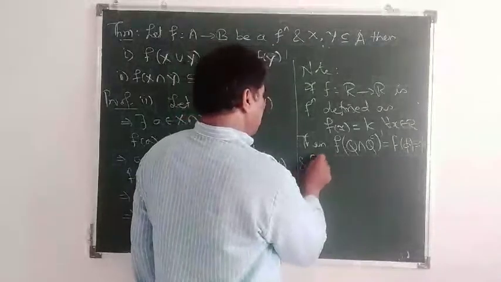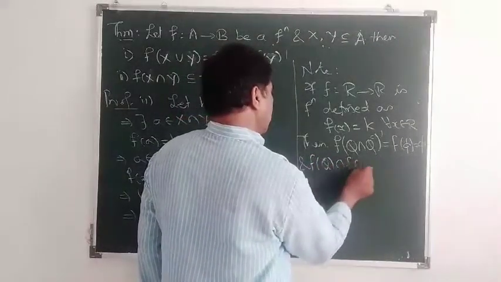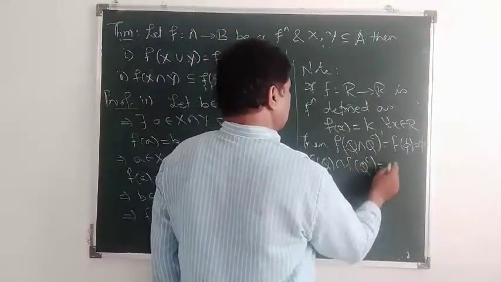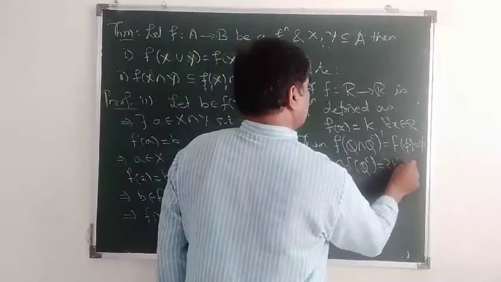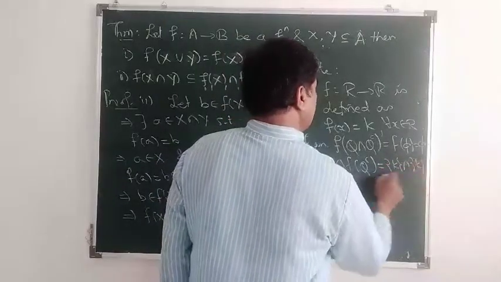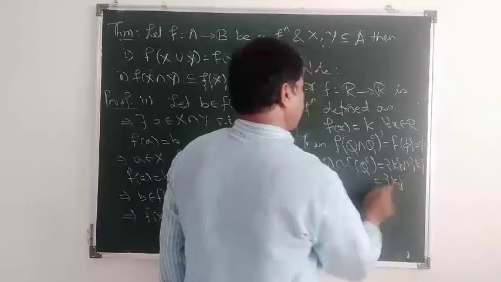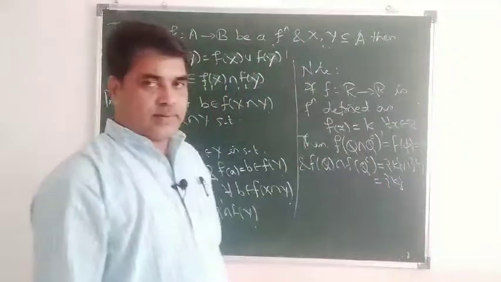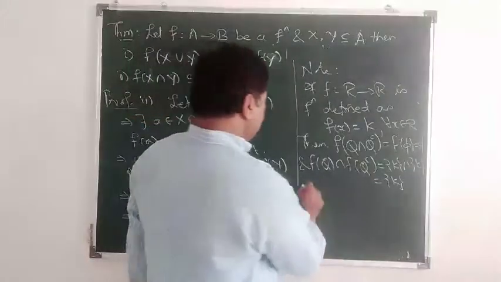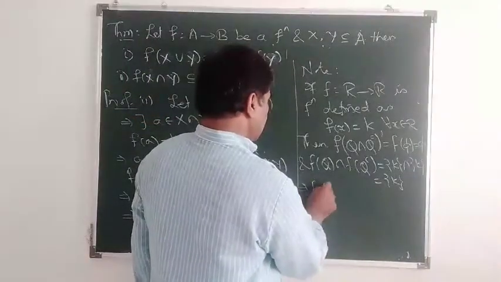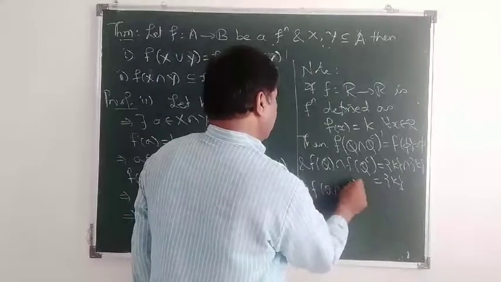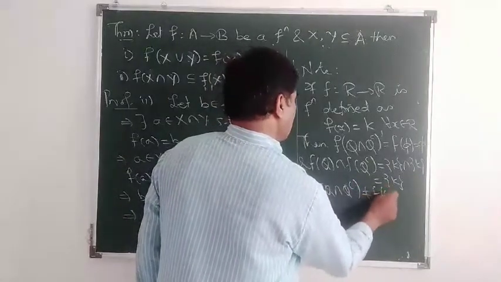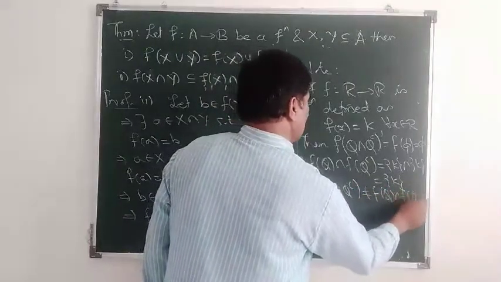And f of Q intersection f of Q complement is equal to singleton k intersection singleton k, which is equal to k. f of x is a constant function. This implies f of Q intersection Q complement is not equal to f of Q intersection f of Q complement.